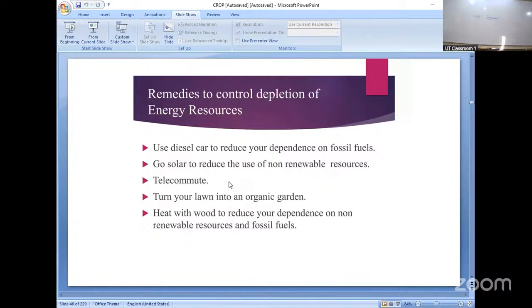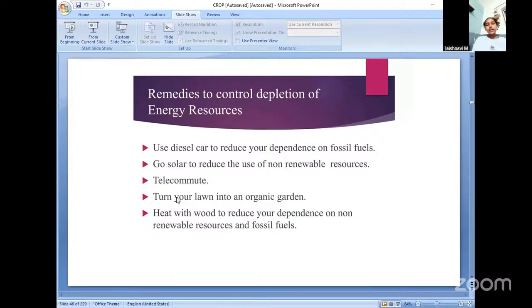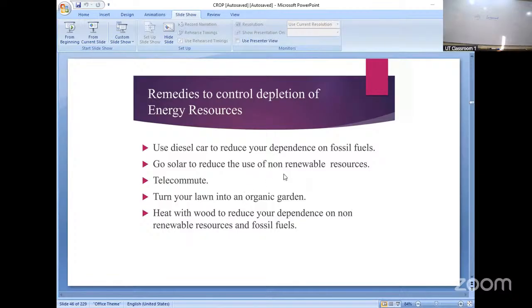And in villages, people are using solar cookers. But solar is expensive, yet it is creating light. So solar panels are more helpful.